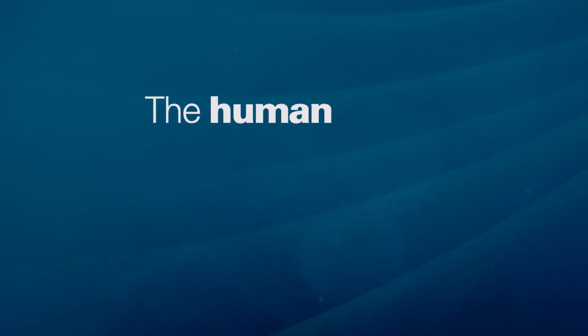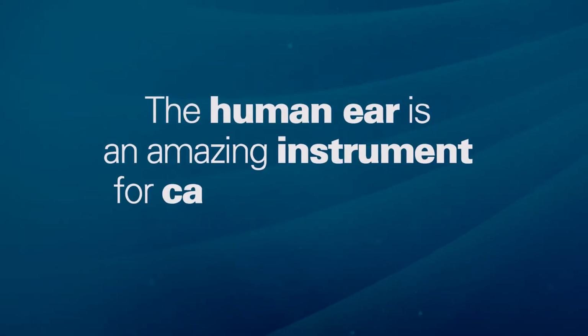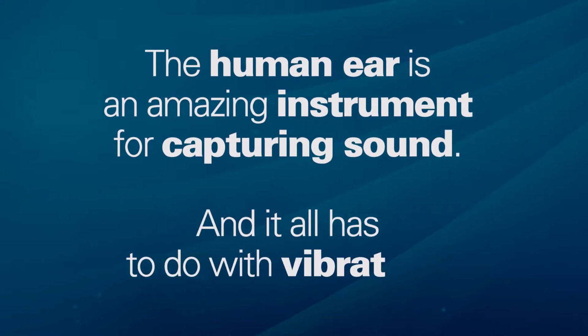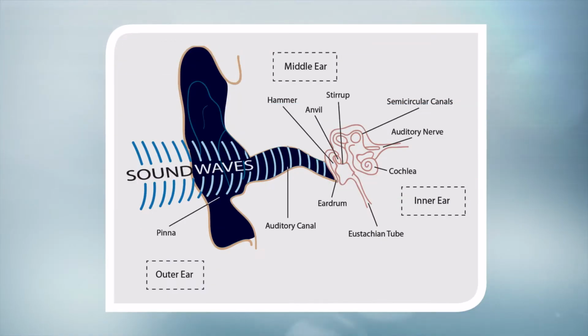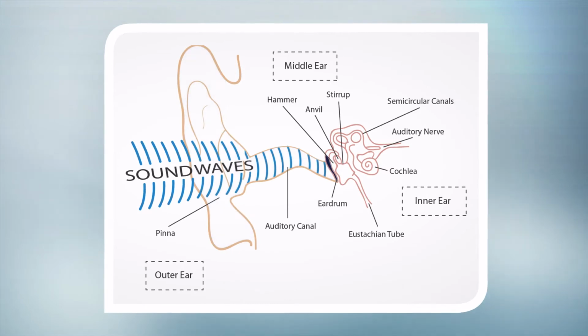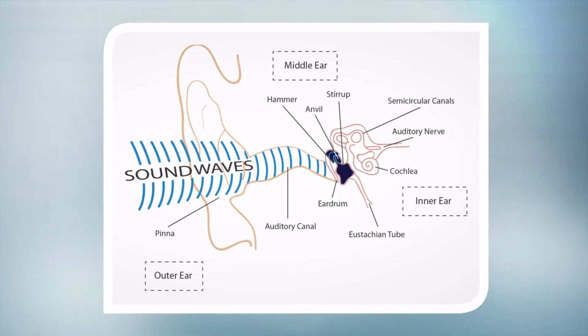Now, the human ear is an amazing instrument for capturing sound, and it all has to do with vibration. The visible part of the ear is shaped to catch the sound wave as they travel through the air. When the vibrating air molecules hit the eardrum, it starts to vibrate, and that vibration is passed through the small bones of the inner ear, better known as the hammer, the anvil, and the stirrup.